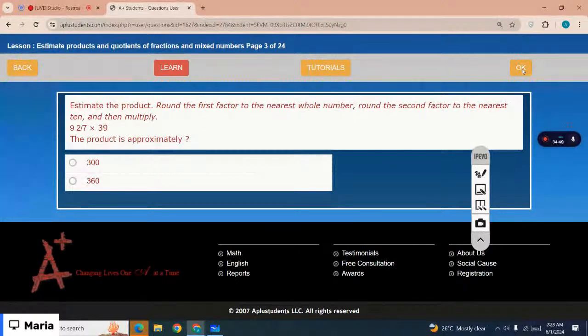Nine whole 2 over 7. 2 over 7 is less than half, right?